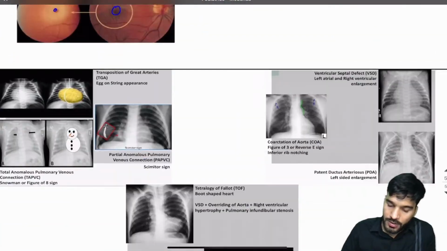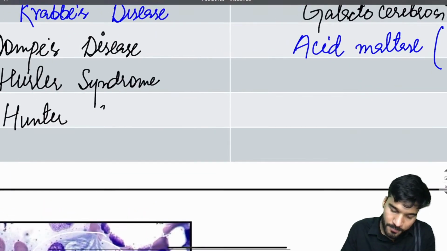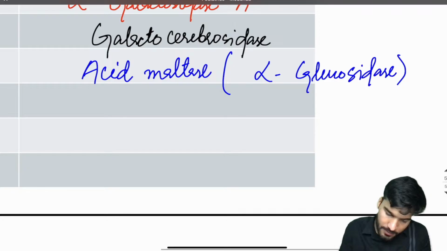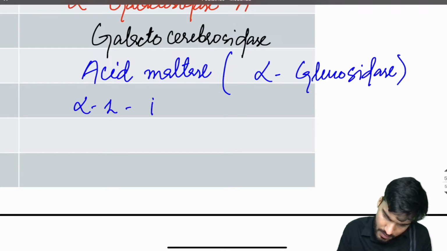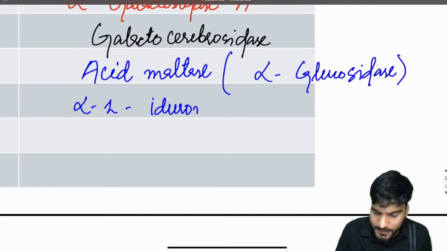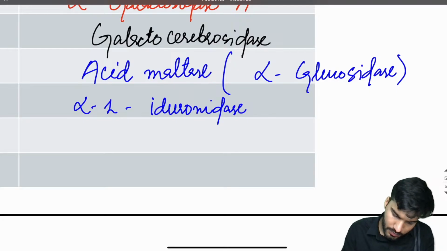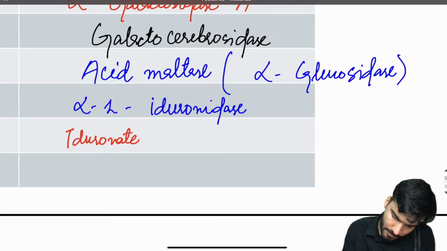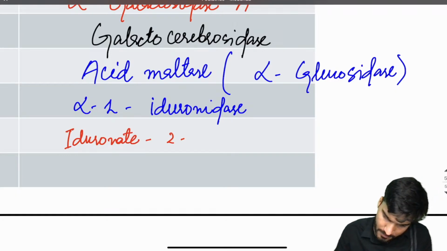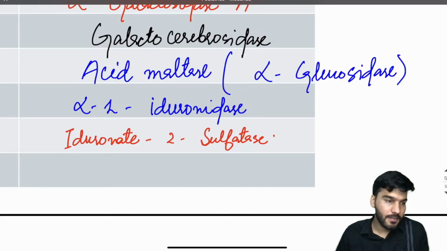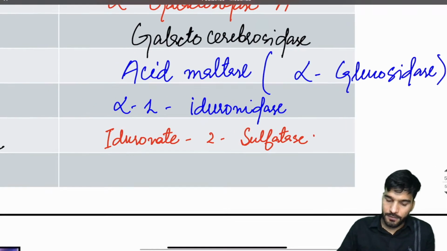Now, the enzymes deficient in Hurler syndrome and Hunter syndrome. In Hurler syndrome, it is alpha-L-iduronidase, and in Hunter it is iduronate 2-sulfatase.